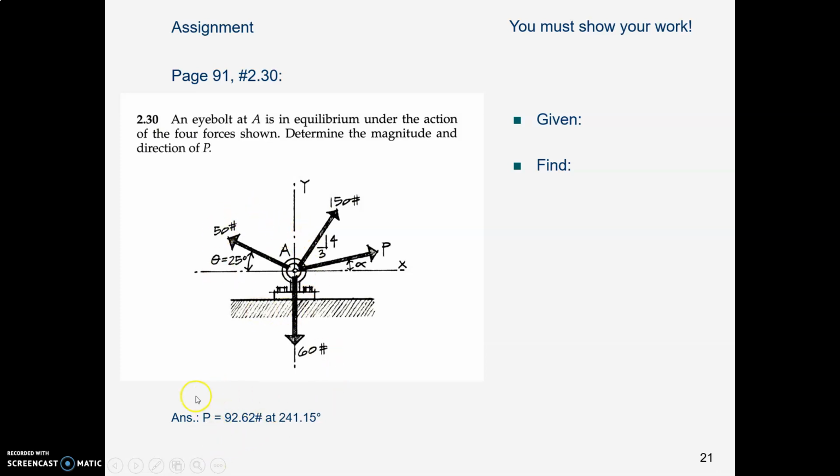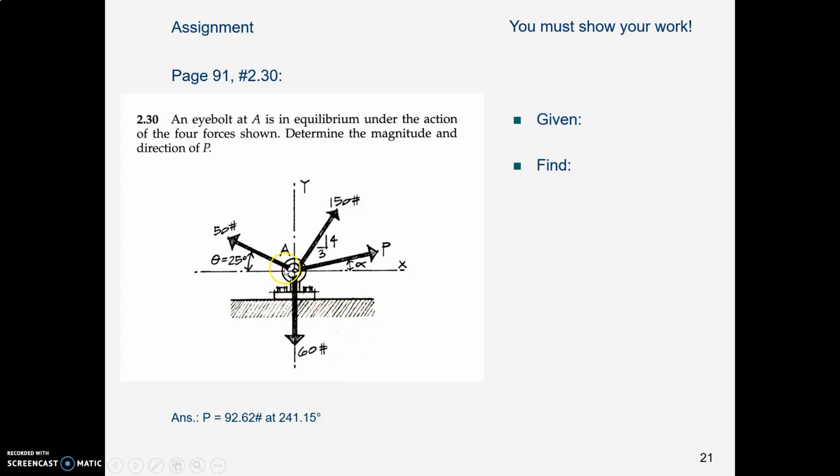Now I've given you the answer at the bottom of the slide, and what you might notice is that the answer does not look anything like what he has drawn here. Look at this. Well, here's the magnitude. That's fine, 92.62 pounds. But here's the angle, 241.15 degrees.